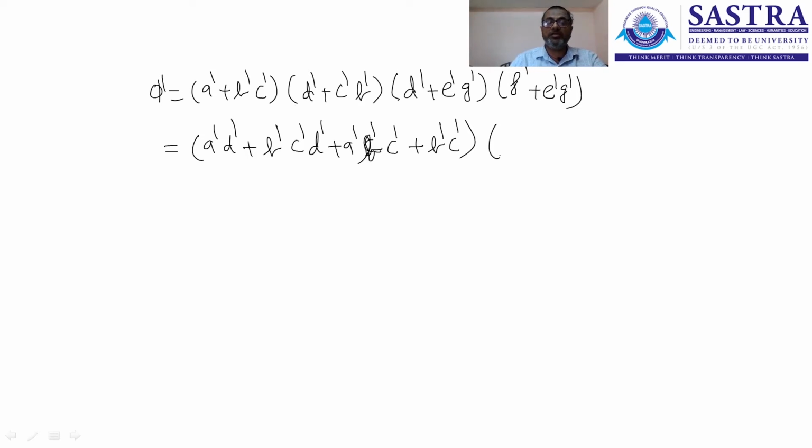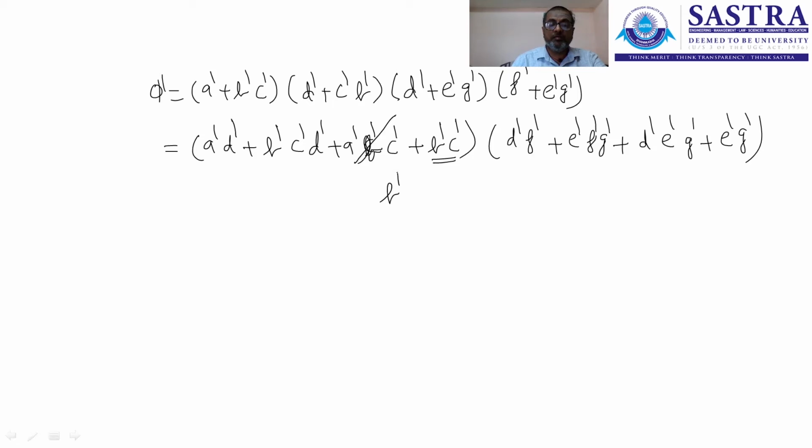Now I will multiply the last two: D'F' + E'F'G' + D'E'G' + E'G'. Now when I take this B'C', then B'C' + A'B'C' will give you B'C'.